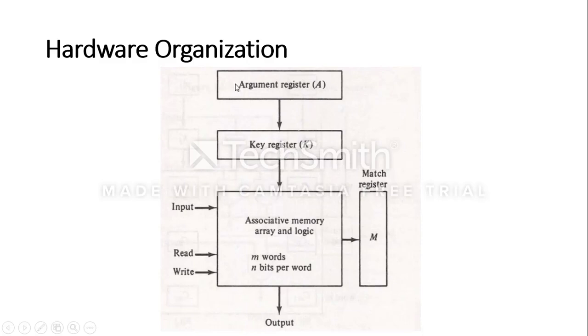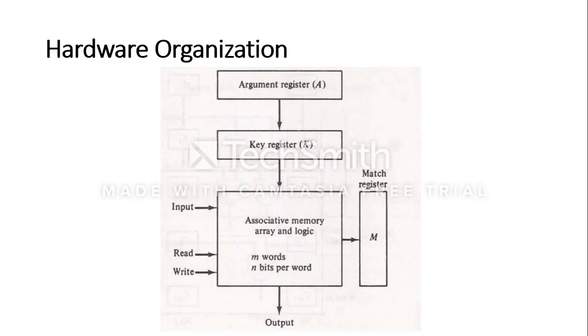Now sometimes you do not know the exact word using which the matching operation, the comparison, can take place. So in that case, if you want to use only a part of the argument register, then you can specify some bits, some values in the key register. For example, I want to find the information of all 18 BCE students.